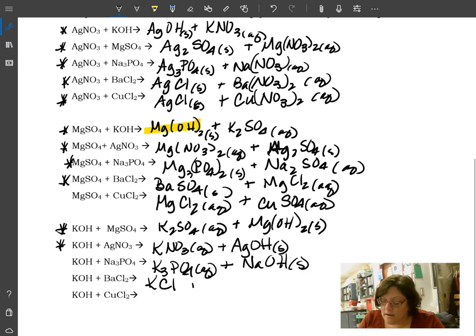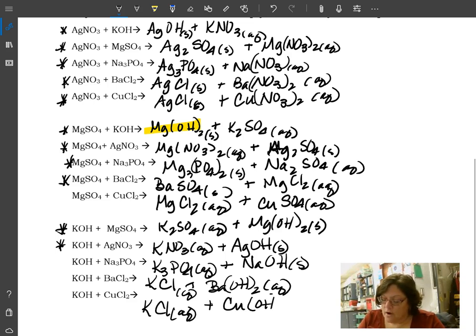Potassium hydroxide and barium chloride. Potassium chloride will not precipitate, it'll be soluble, and barium hydroxide is the exception in the hydroxides, so it should stay soluble. Potassium hydroxide and copper 2 chloride: potassium chloride, of course, is soluble, and copper 2 hydroxide, hydroxides are usually insoluble.